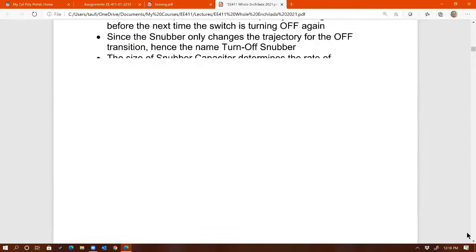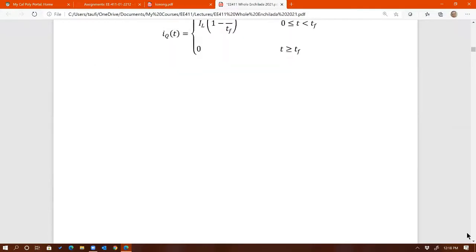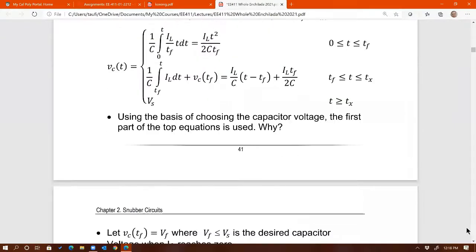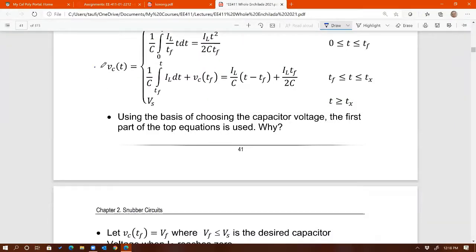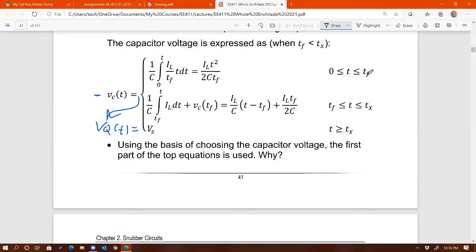And maybe you can also add to your notes that VC(t) equals VQ(t), equals all of these equations. And we defined what these times are, TF and TX, last week.